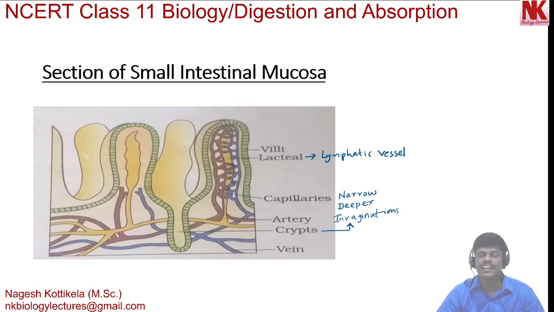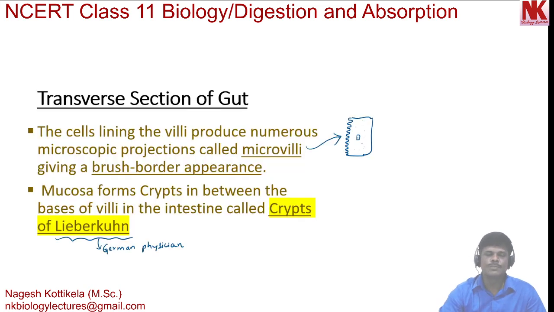That helps in absorption of nutrients into the bloodstream. Yes, that is the main purpose. Okay, now this is all about today's topic, and here I will discuss some important questions based on the topics that we have discussed. Now let's proceed.